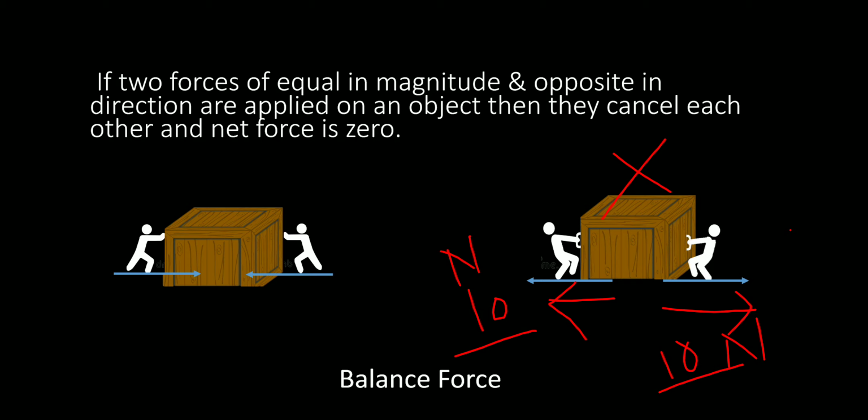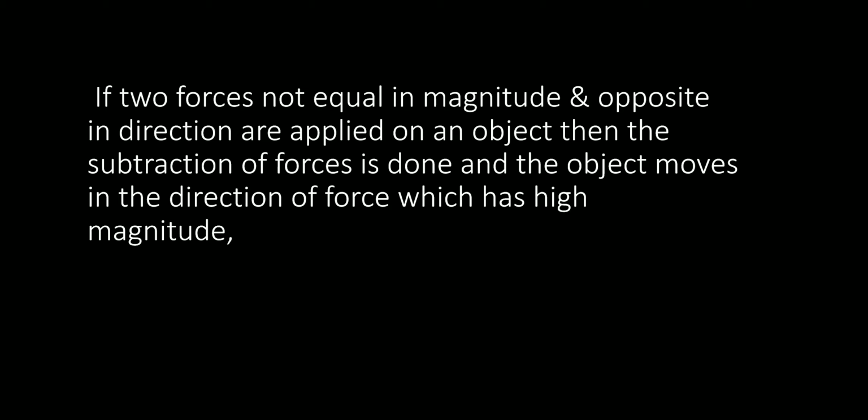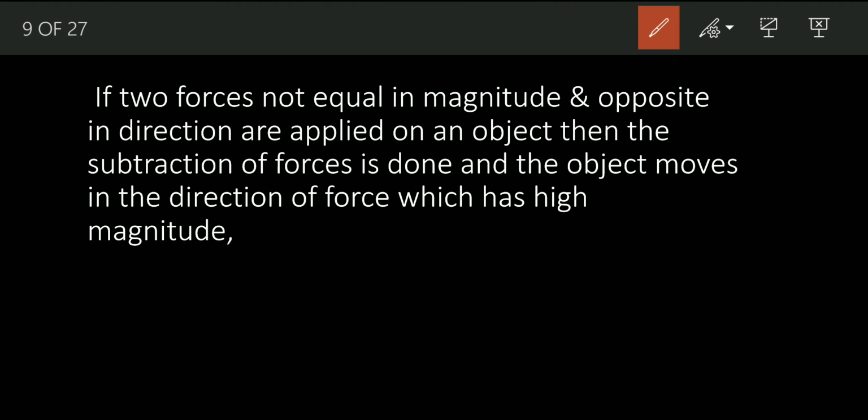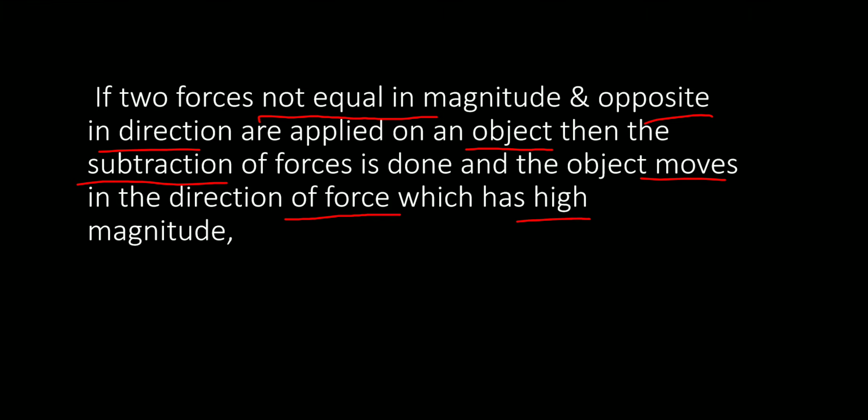Okay. Now suppose two forces not equal in magnitude but opposite in direction are applied on an object. Then we subtract the forces and the object moves in the direction of the force which has higher magnitude. Now let us see.